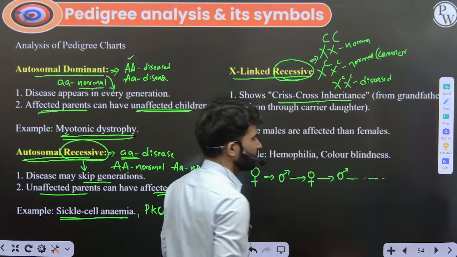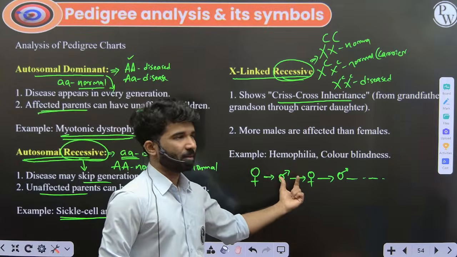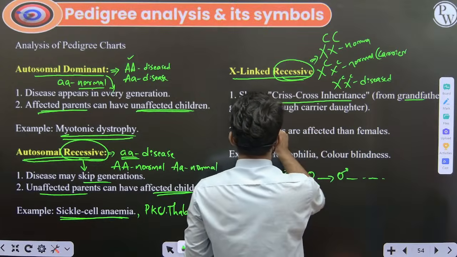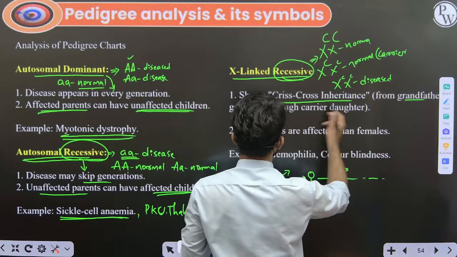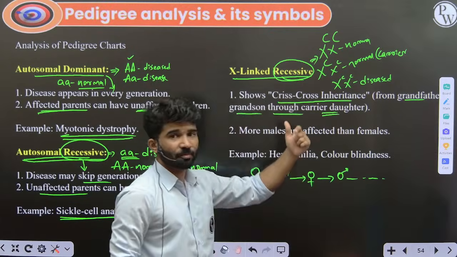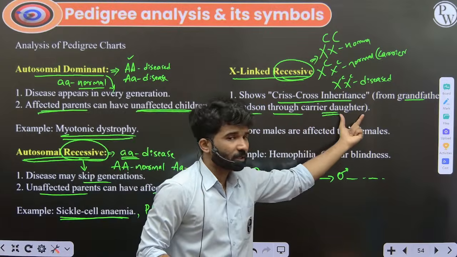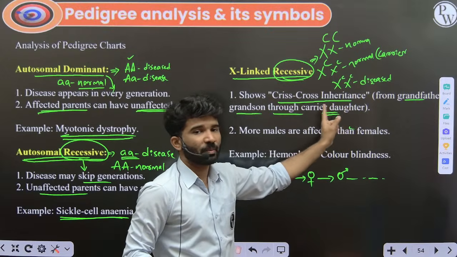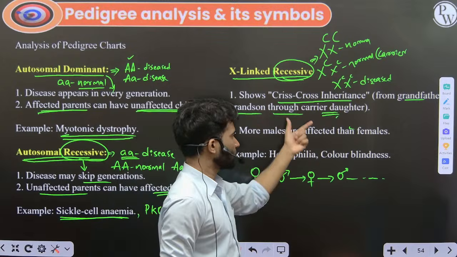That is what we call this pattern. From the grandfather to the carrier daughter, then to the grandson. It comes from grandfather to grandson through a daughter. So it follows this pattern.